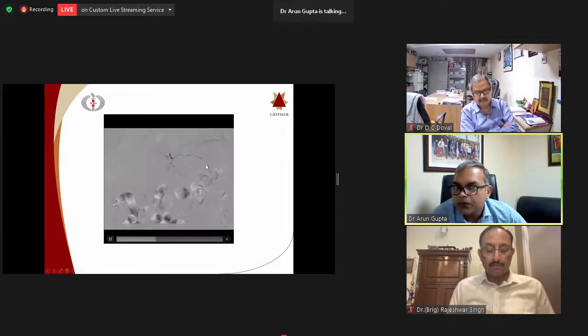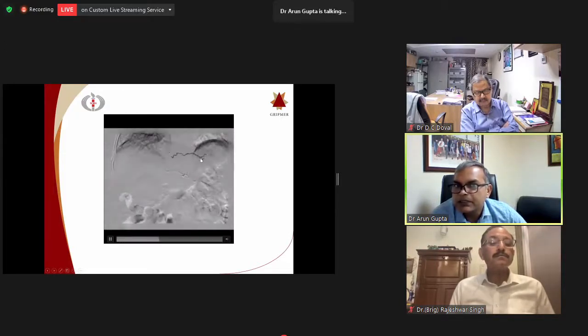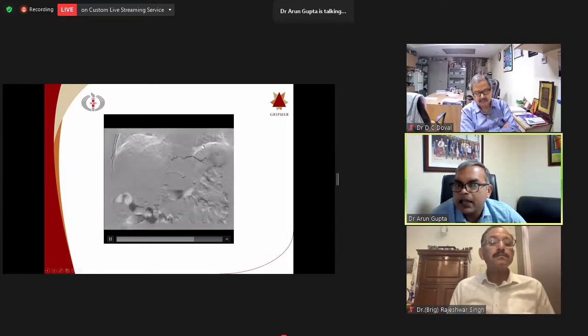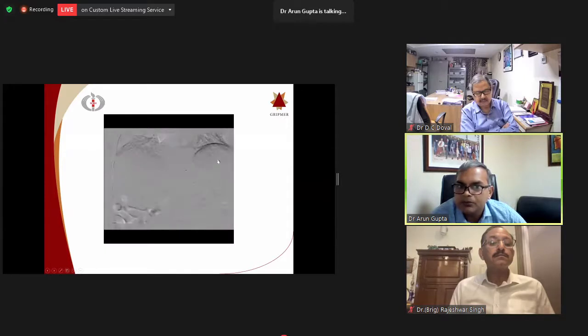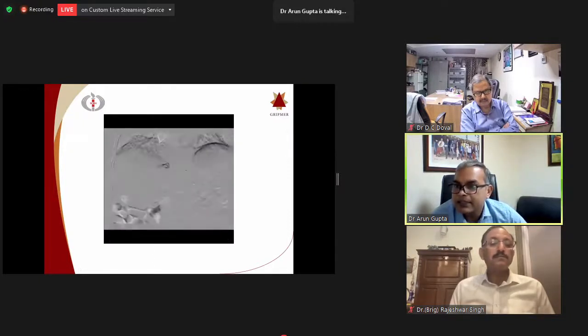We go very selectively and try to find the tumor feeders. So these are the tumor feeders, and this is the segment 2 feeder, which is directly supplying the segment 2 lesion, and this is the main feeder of the large HCC in segment 4. So we deliver the radiotherapy directly into these vessels rather than just giving it into the left lobe.